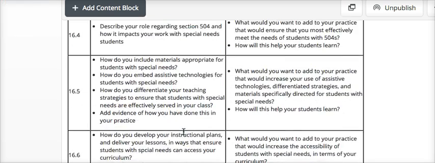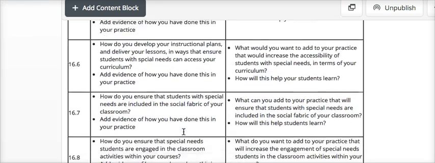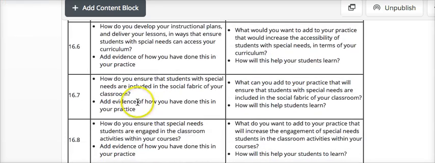And suppose I say 16.7. So this is about students with special needs being proactively included in the social fabric. So suppose I want to do my looking forward on that. It's like, I do that, but I really want to get a better handle on that.